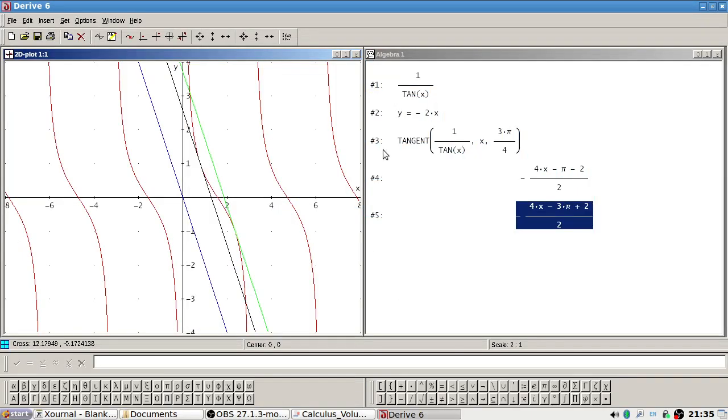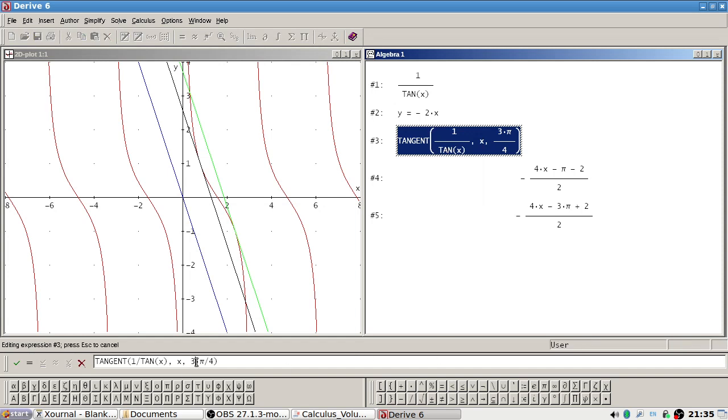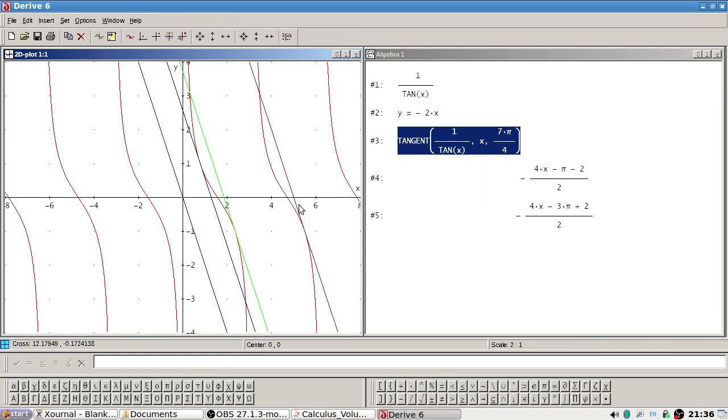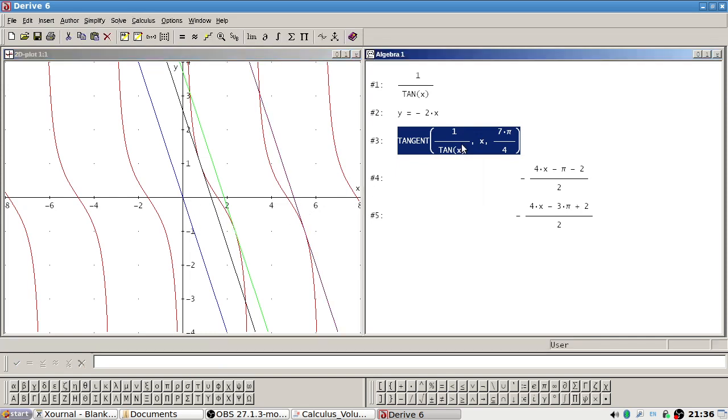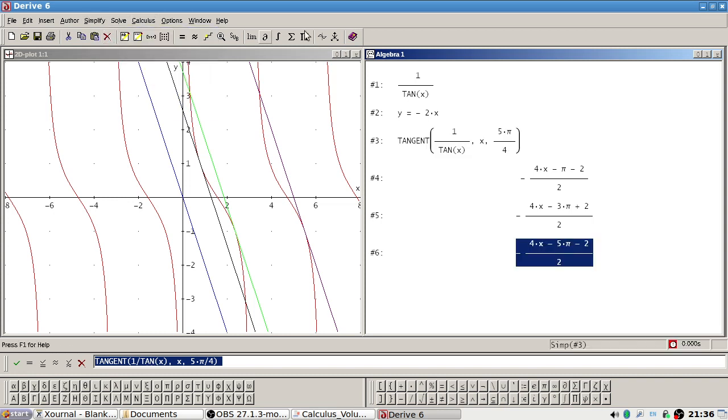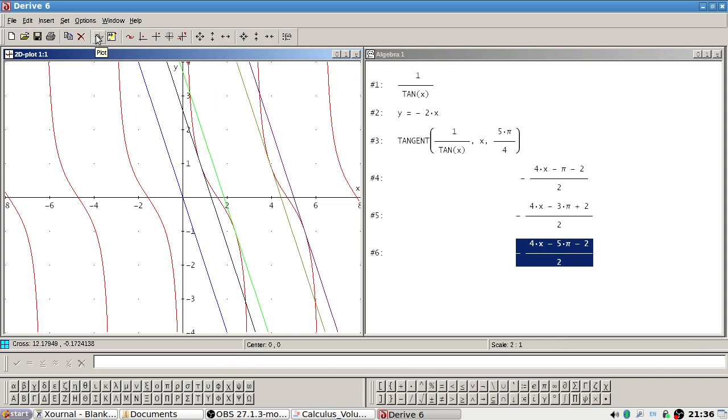Okay, 7 pi over 4. There it is. Looking still parallel to me. And then 5 pi over 4. Oop, where's that one? Oh, there it is. Yep, there are 4 lines parallel to y equals minus 2x to the cotangent graph between 0 and 2 pi.